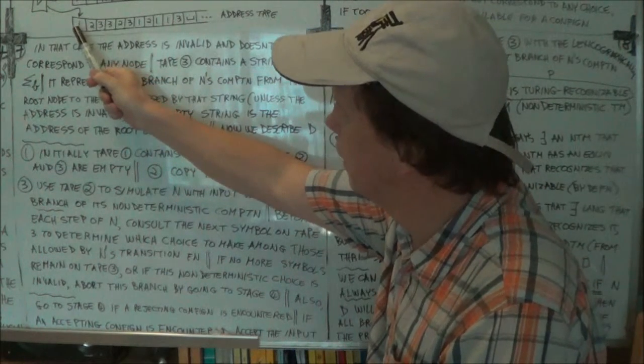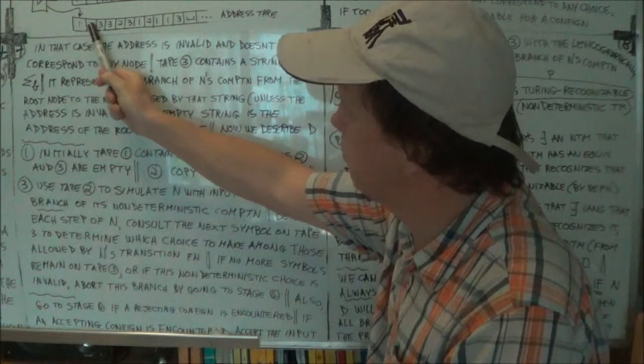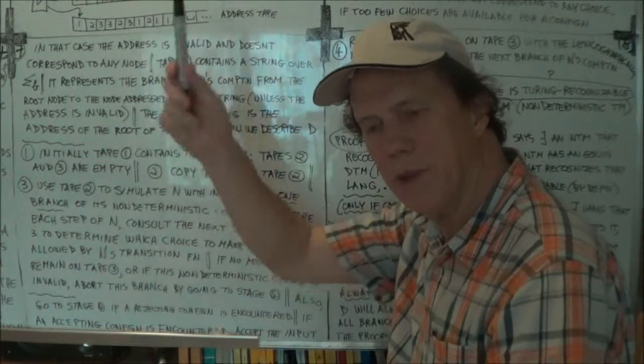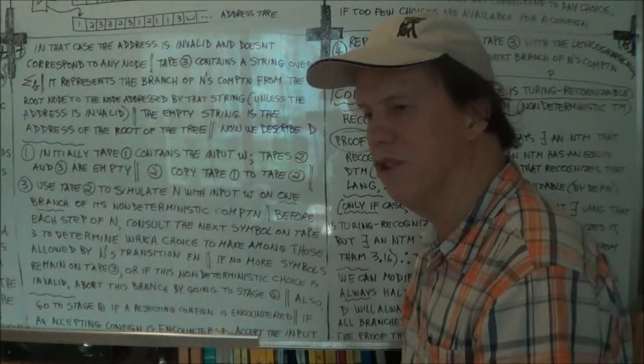So you'd have initially 1 blank, 2 blank, 3 blank, 4 blank, and all the rest blanks. And then you're systematically counting up. You're going up in numerical order.